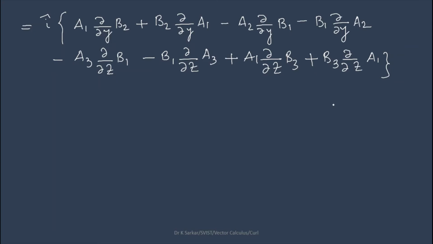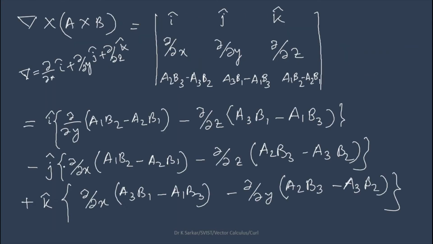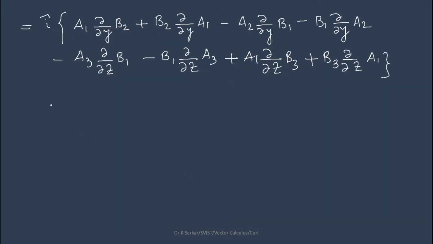Next, minus j times del/del x of (A1 B2 minus A2 B1).